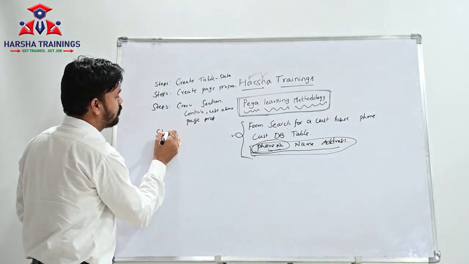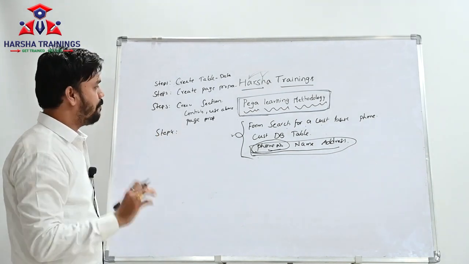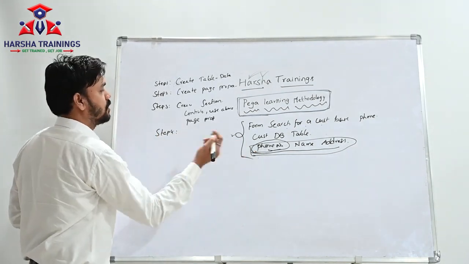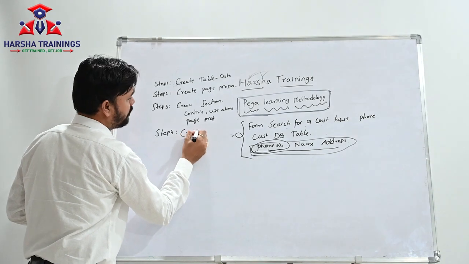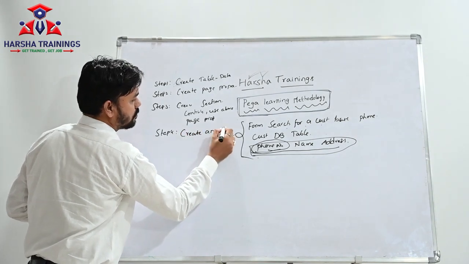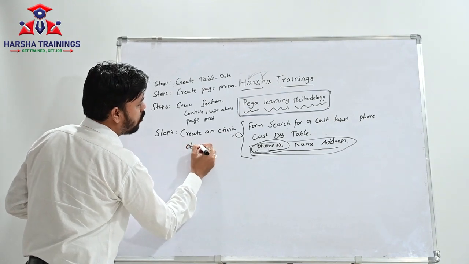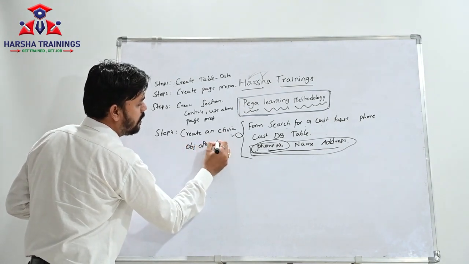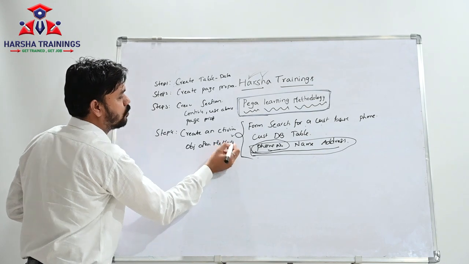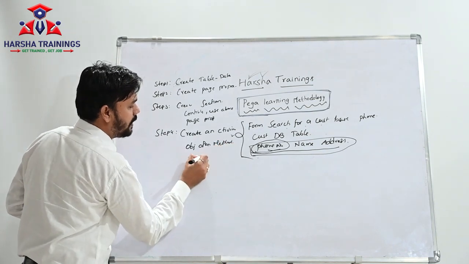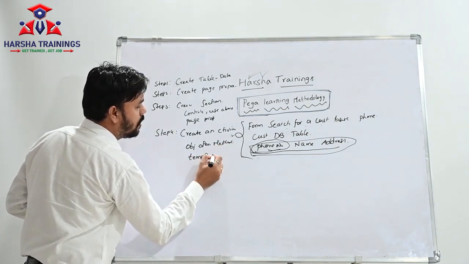Next, step 4, in which you need to perform a search. For that I am going ahead with an activity, create an activity. In the activity I need to use, let's say, the Obj-Open method. I will get the data onto a temporary page.